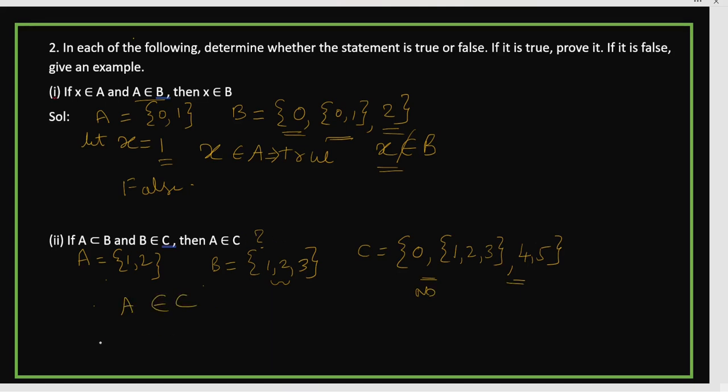The statement is false. I want to tell you one thing. If C had the elements 1 and 2 also, in that case A would also belong to C. But if they are not there, this cannot be true. Sometimes it is true, sometimes it is false.